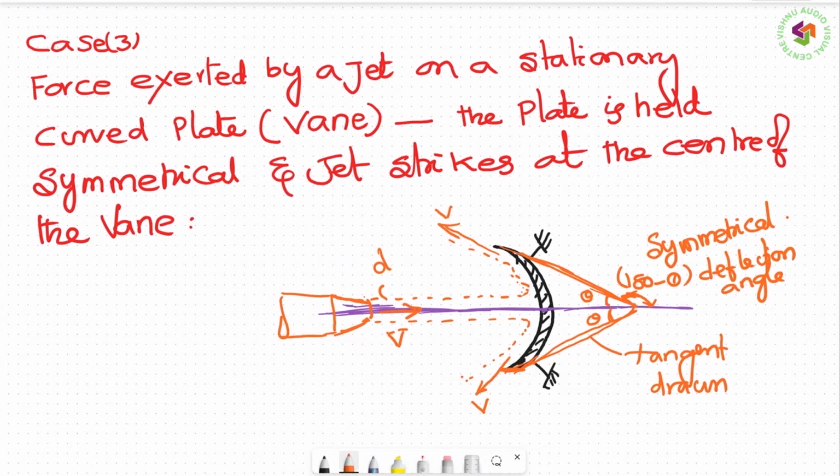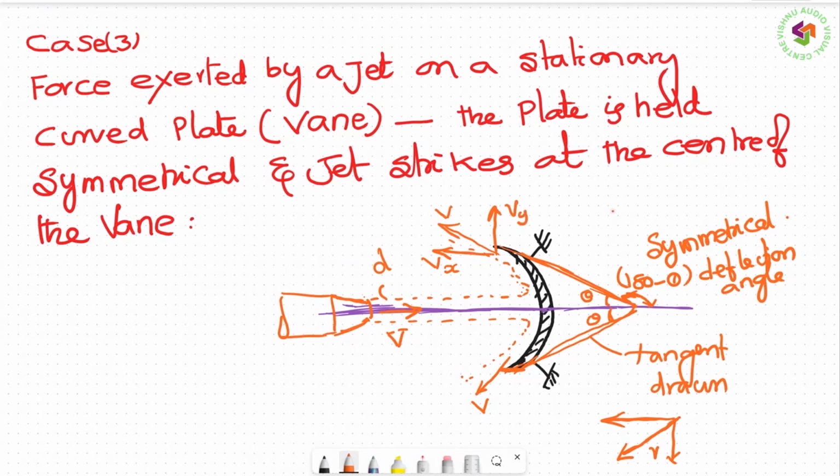So at the outer tips, naturally the velocity will have two components. If this is the tip and the velocity is V, it has components in both directions, the x direction and the y direction.